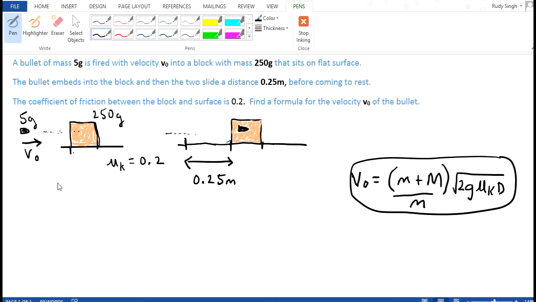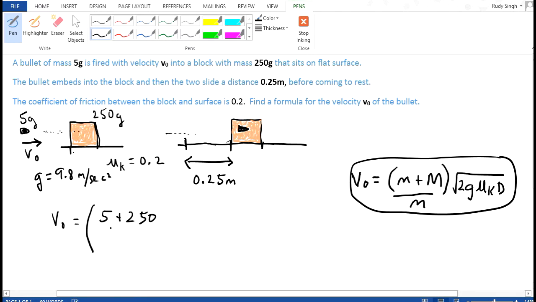First of all, gravity. We're going to use gravity because we need it for our calculation. Gravity is 9.8 meters per second squared. Alright, so my initial velocity is really just plugging in now. We have the mass 5 plus 250 all over 5. It doesn't matter if we're in grams or kilograms because they're going to cancel out anyway, as long as they're the same units.